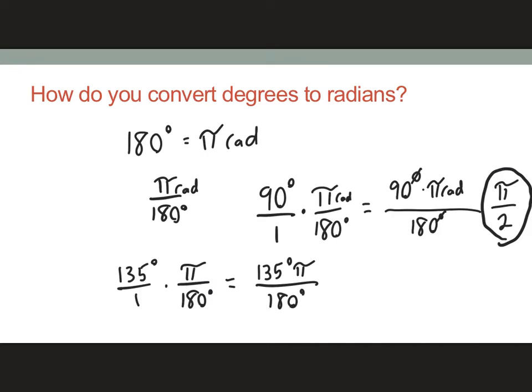And now you can reduce. 135 and 180 reduced to 3/4. So this is 3 pi over 4 radians. The degrees again canceled because we had degrees in the top and the bottom. So 135 degrees is 3 pi over 4 radians.